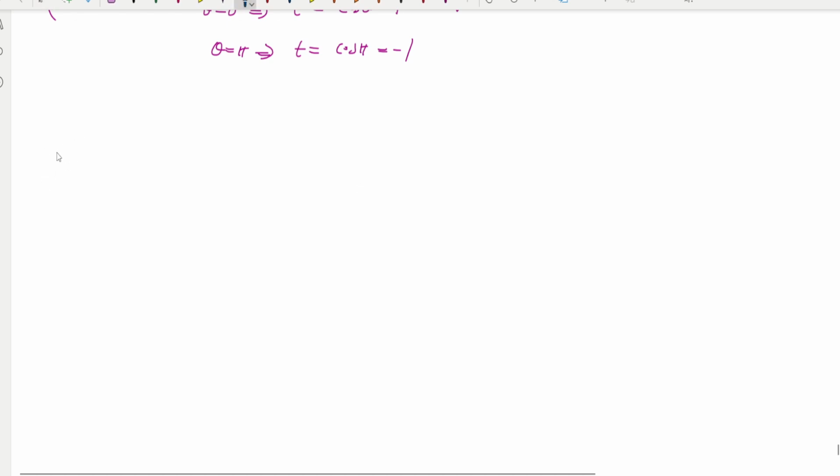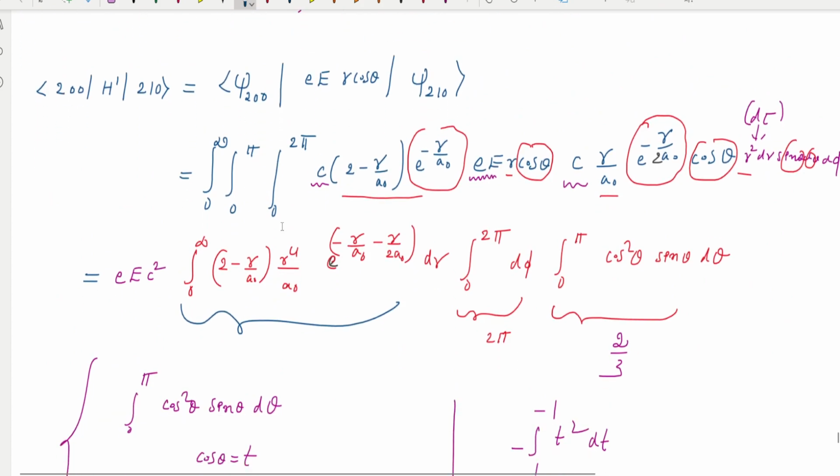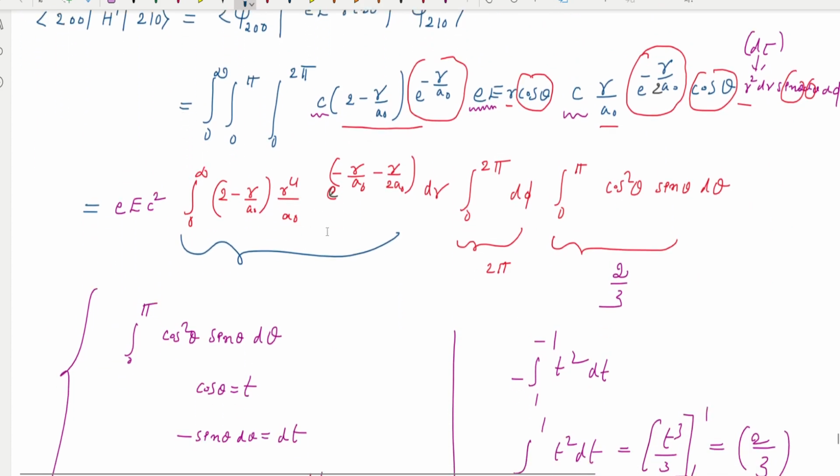So extra terms we'll get c square 2 pi and 2 divided by 3 also there. 2 divided by 3, remember. Integral 0 to infinity, I'm going to write this equation like this.